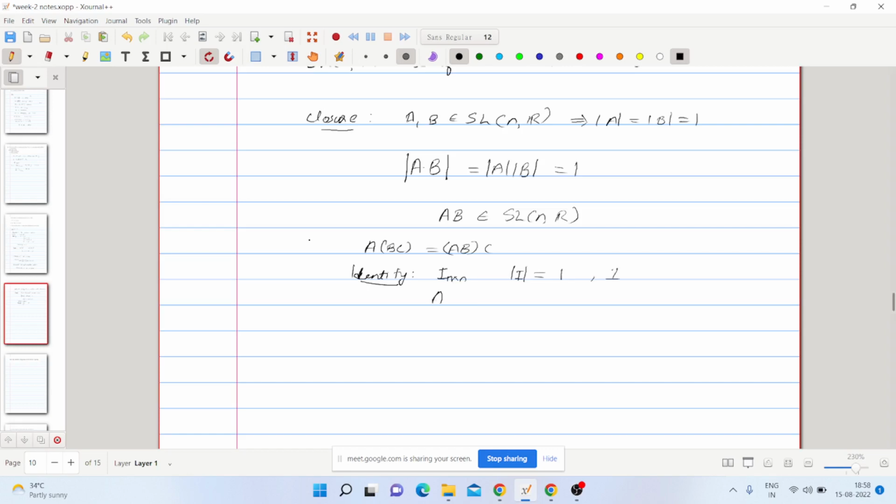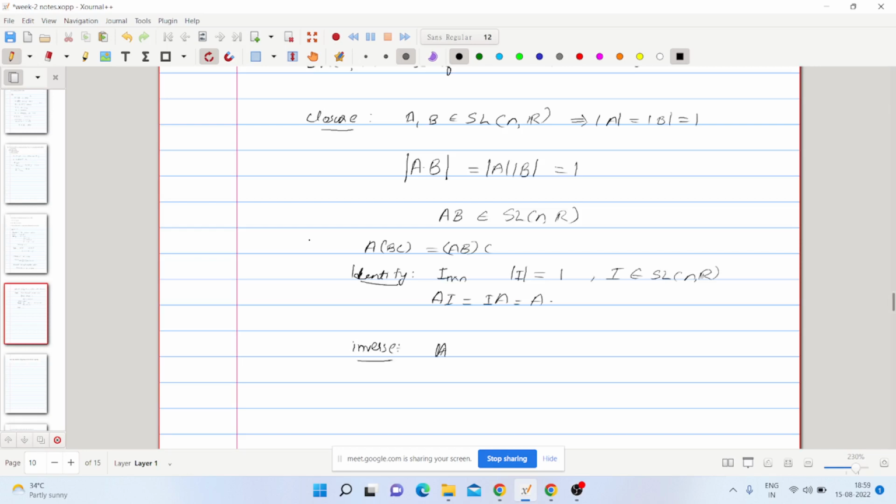That means I belongs to SLN of R. Clear? And A into I equals I into A equals A. So identity exists in SLN of R.